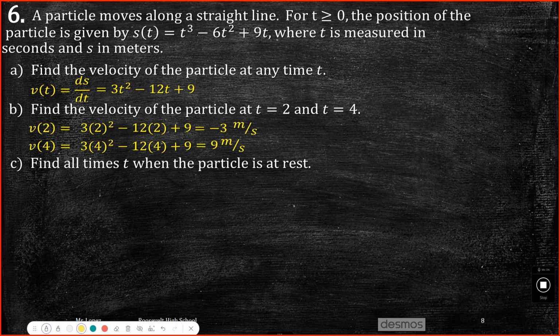Find all times t when the particle is at rest. At rest is when the velocity is 0. So set it equal to 0.